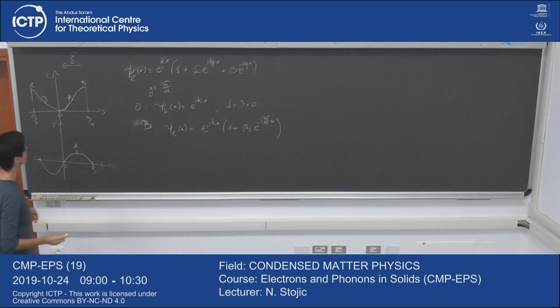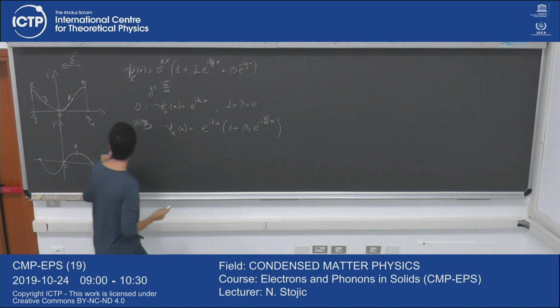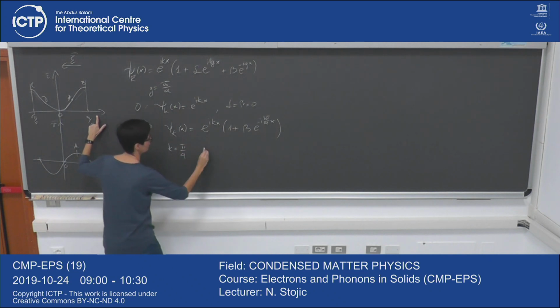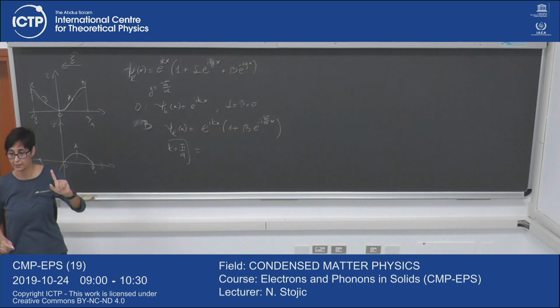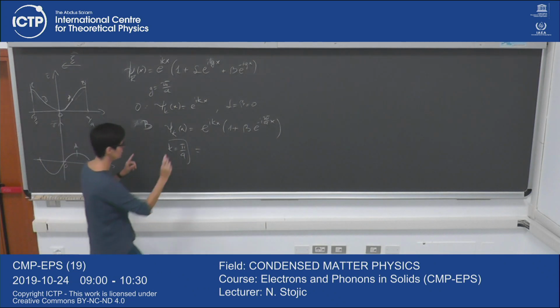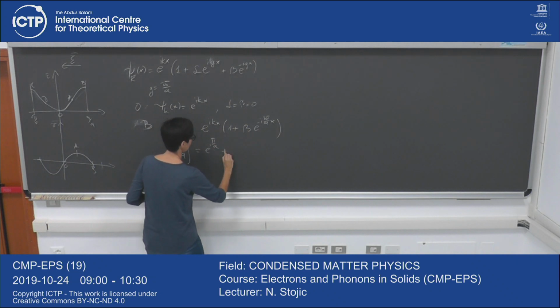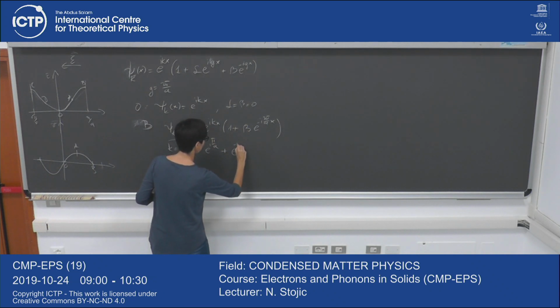Now I claim that at the B point, at the very edge of the Brillouin zone, beta has to be 1. That might not be obvious at the moment. So k, let's say, is pi over a. If I'm right that beta is equal to 1, let me write it, pi over a plus e minus.